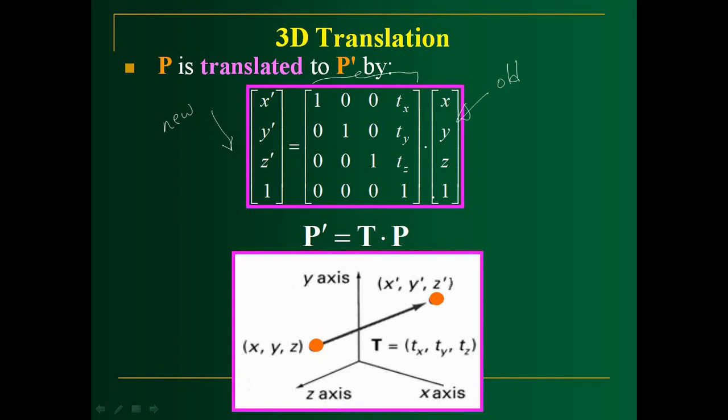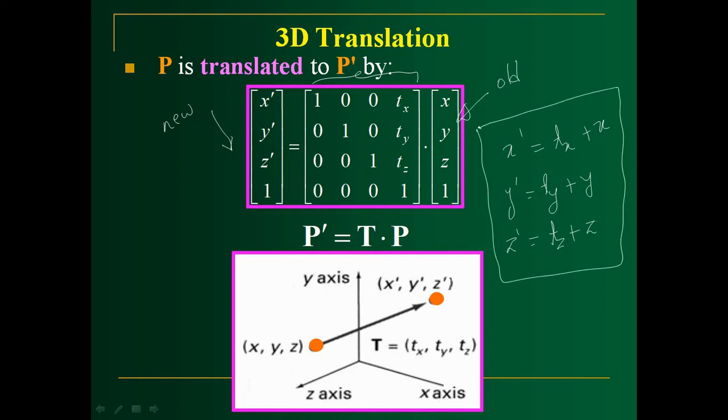If we multiply this, x dash will be equal to tx plus x, y dash will be equal to ty plus y, and z dash will be equal to tz plus z. This is your formula. When we put it into homogeneous matrices, it will come up like this, and if you multiply this, you will get the same answer.